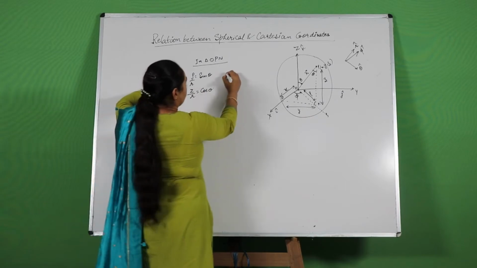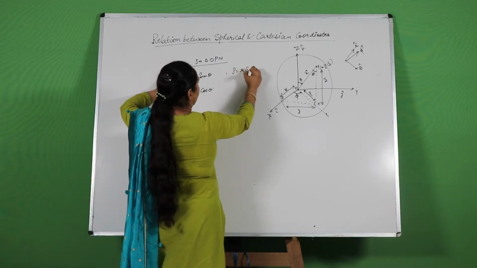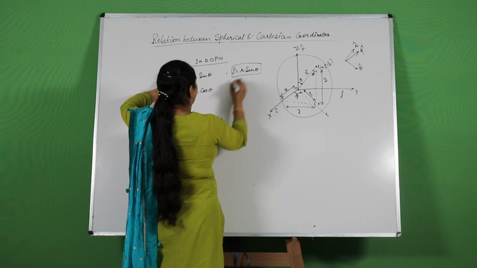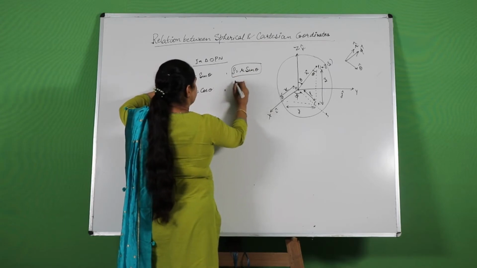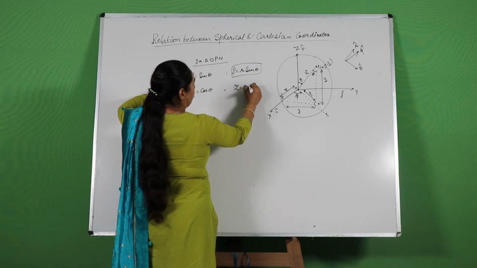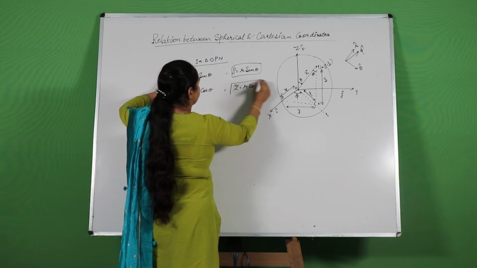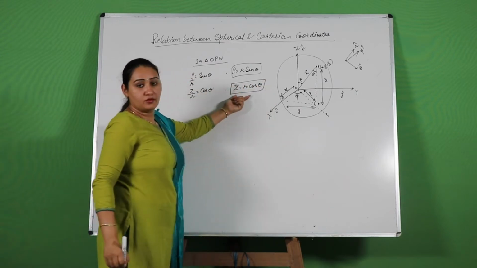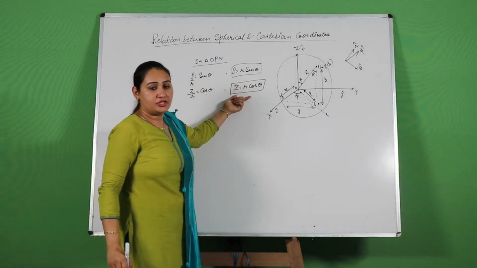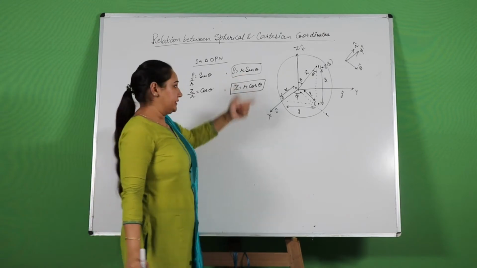So from here you have rho is equal to r sin theta, and you have z is equal to r cos theta.